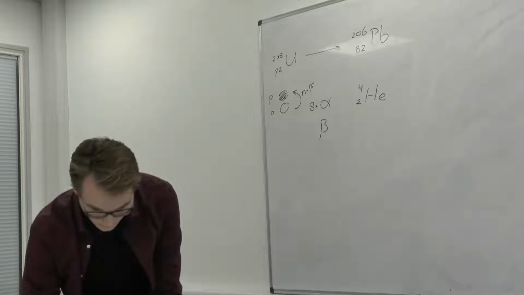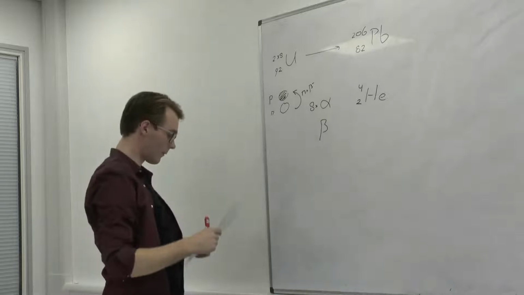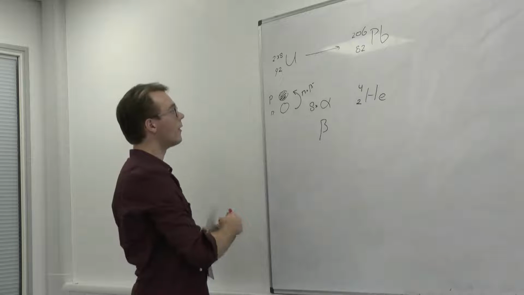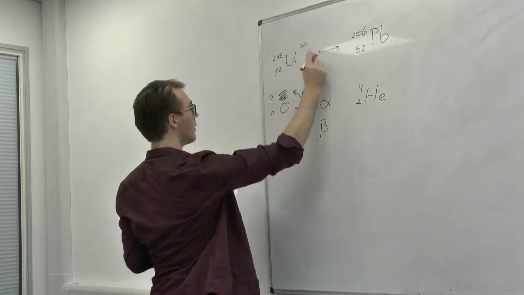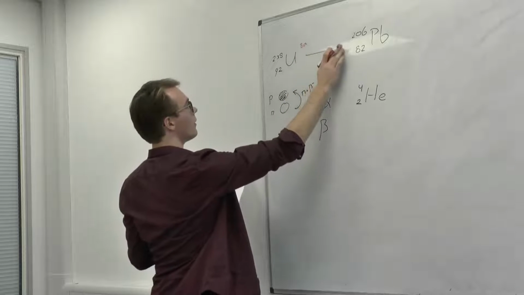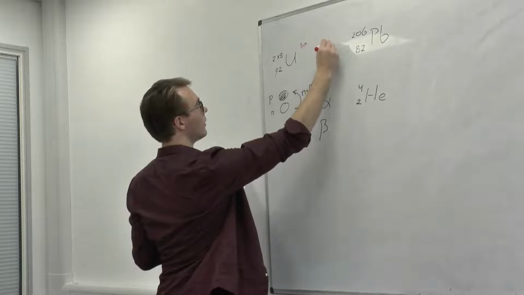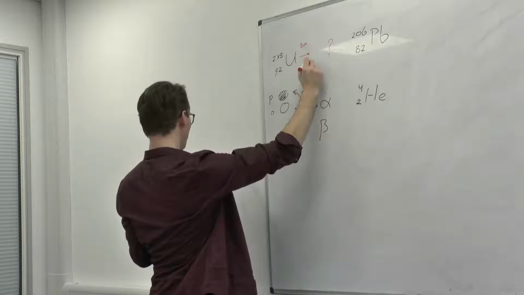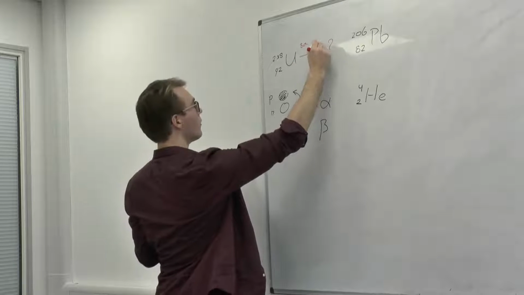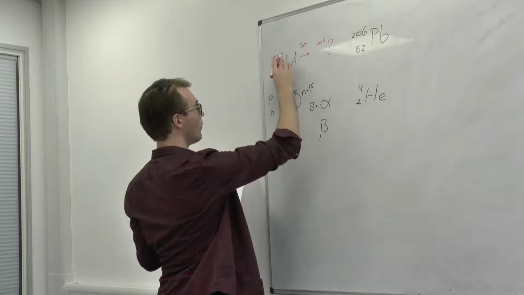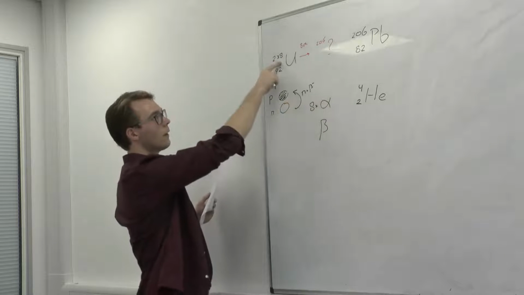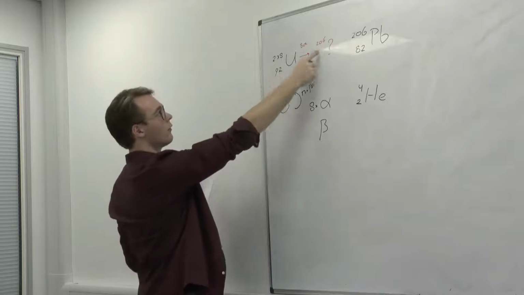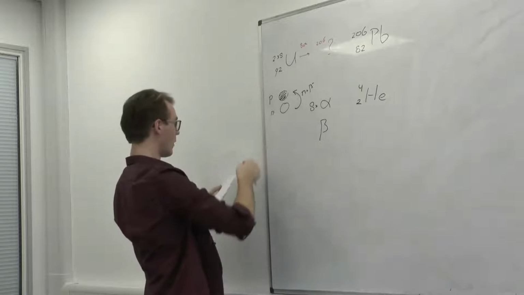If that happens 8 times, then the particle that you would get after 8 alpha decays has 206 protons and neutrons in total, because 8 times 4 is 32 that have been lost. So 206 will be remaining.